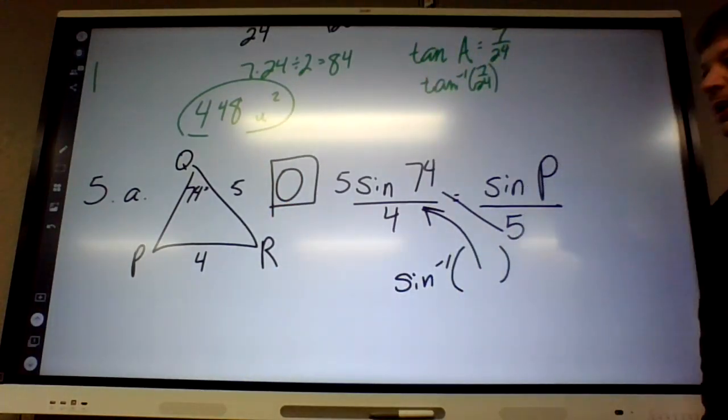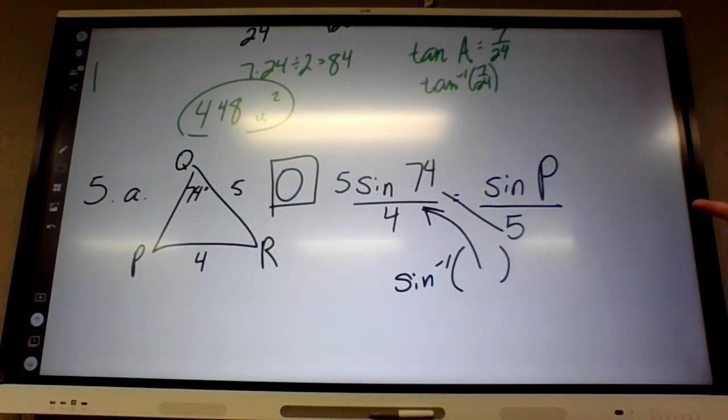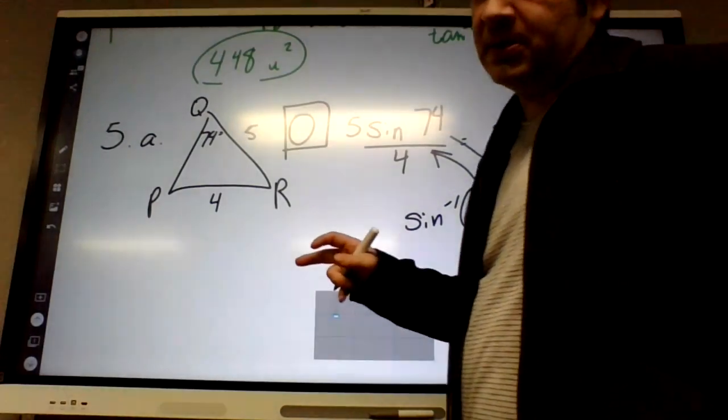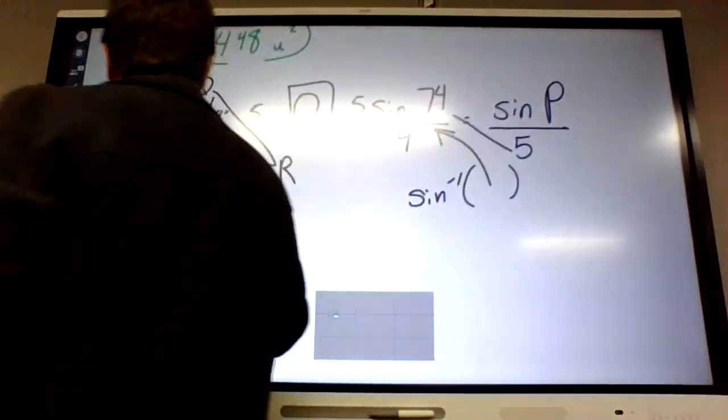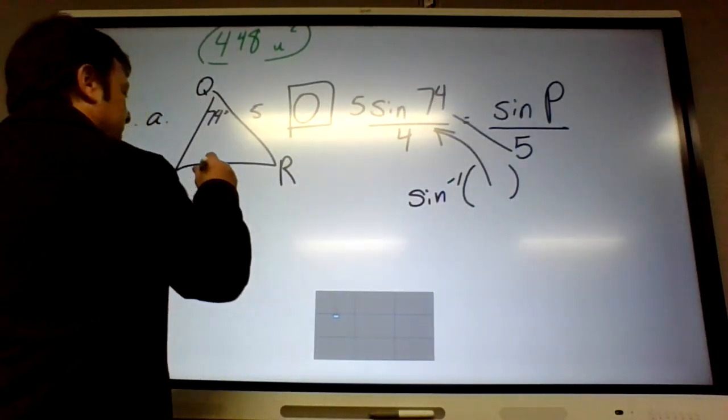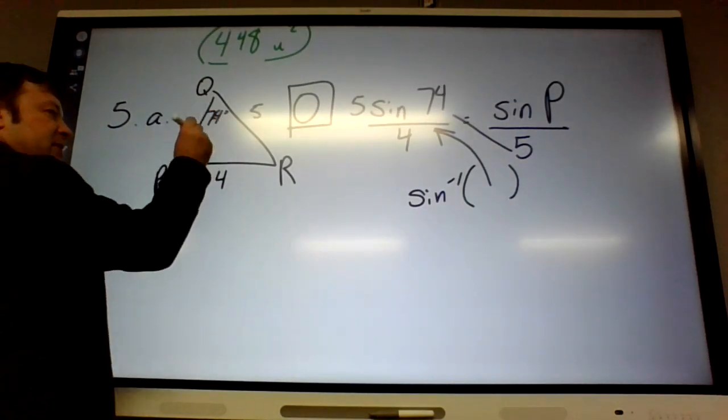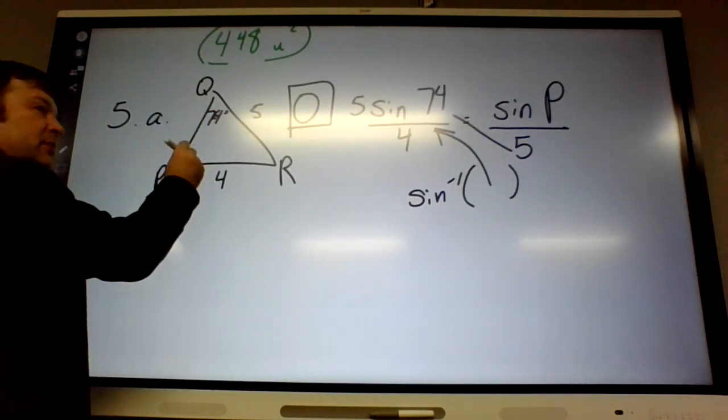Or it could come out as an angle, like 50 degrees or something. It could be 1 or 2.